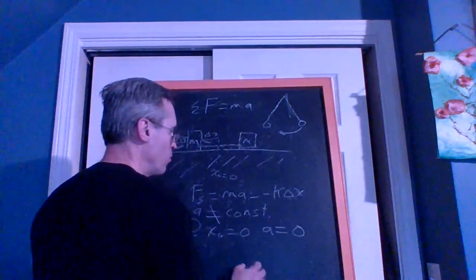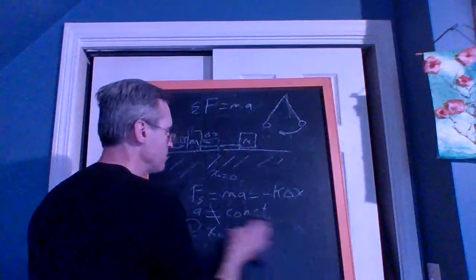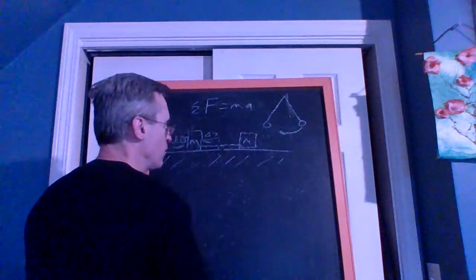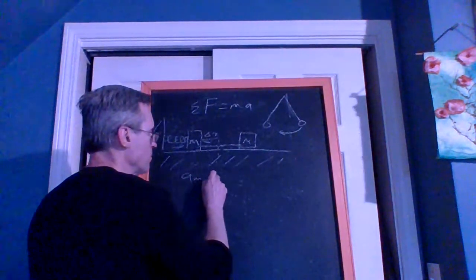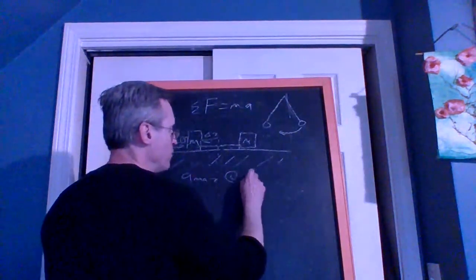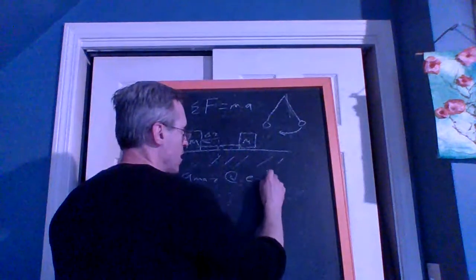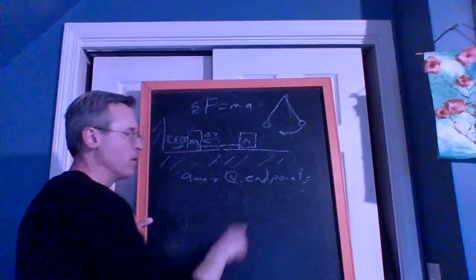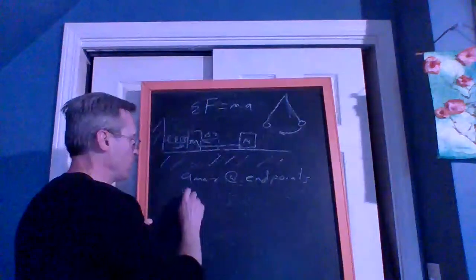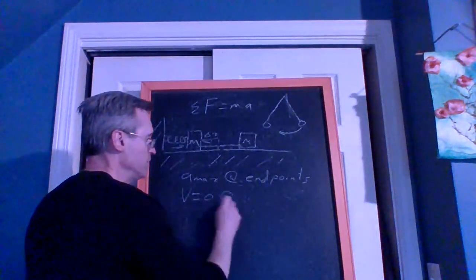What winds up happening is that the acceleration is actually a maximum at the endpoints. What's interesting is that at the endpoints, v is 0.